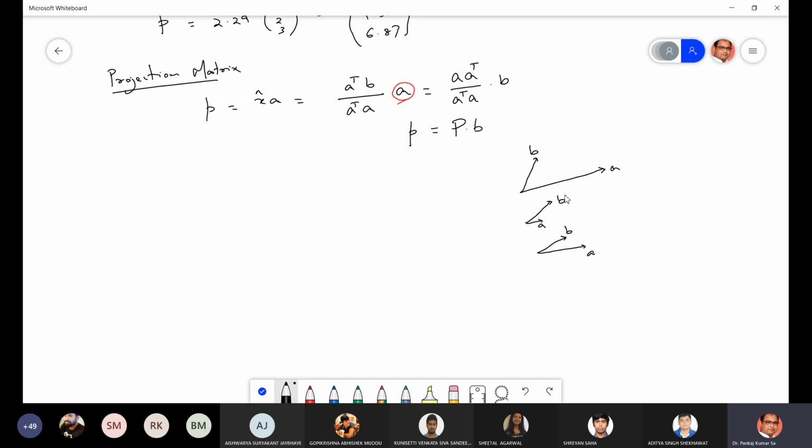So it is like the projection matrix is made up of the vector A.